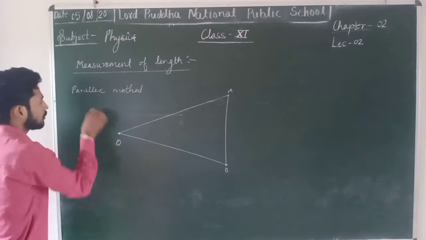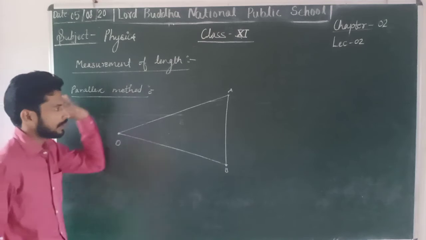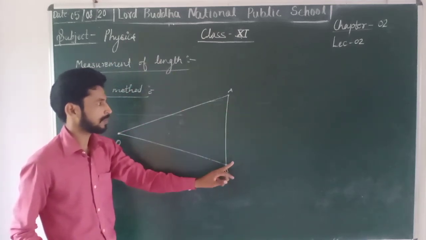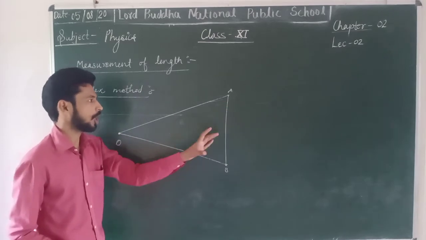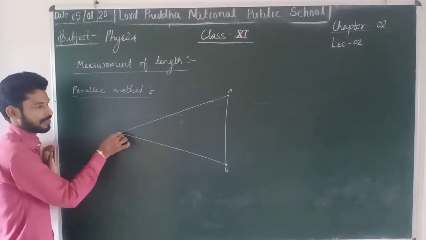Now what is the parallax method? The parallax method is used to find the distance between two objects which are situated at a long distance from the observatory point.